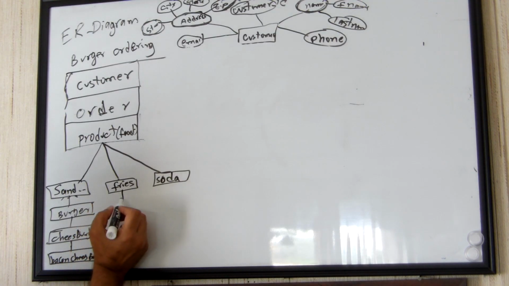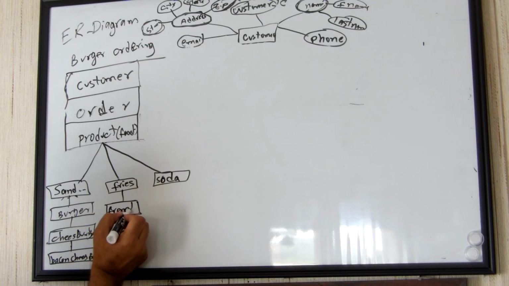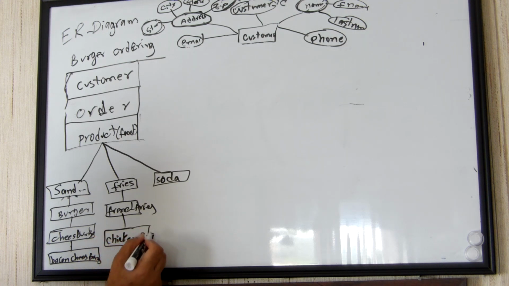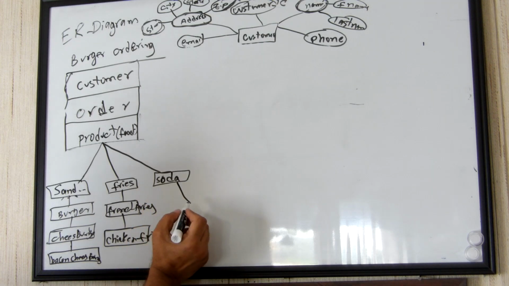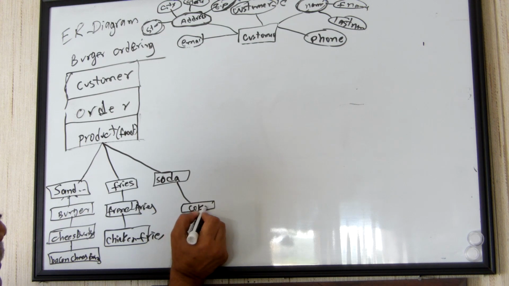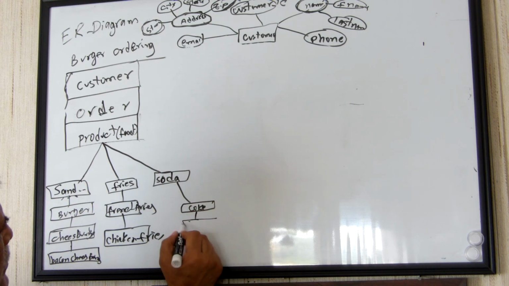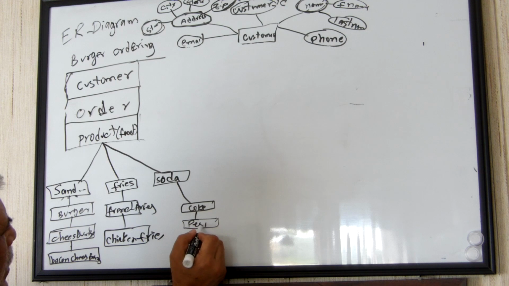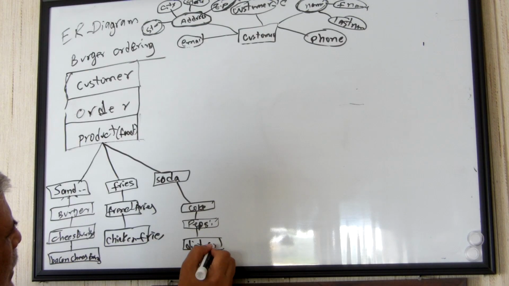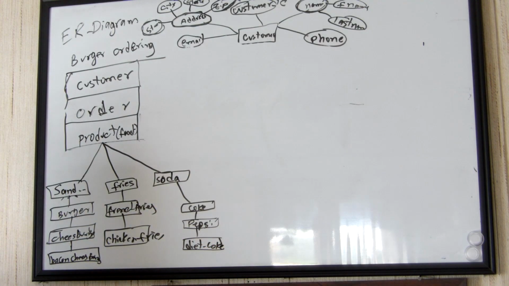There are two kinds of fries: you have French fries and chicken fries. And for soda we have Coke, Pepsi, Diet Coke. For example, just have this to make it 3.